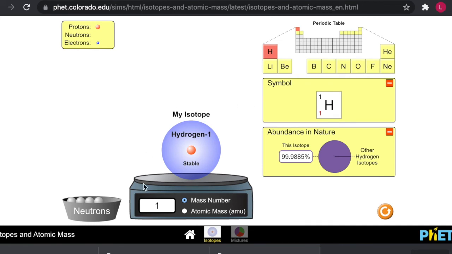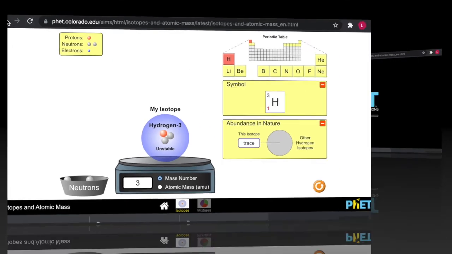So if you want to see how the number of neutrons affects a certain isotope, you can work with some of the smaller elements in the periodic table. You can add a neutron and see how it changes the mass number of the hydrogen. It tells you how abundant this isotope is in nature, so that's kind of interesting.